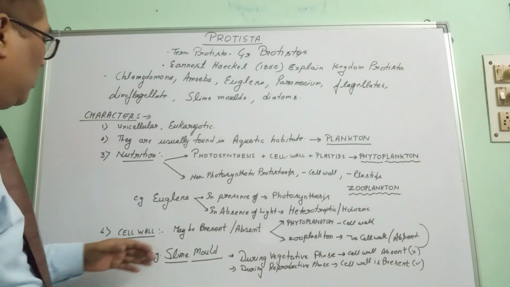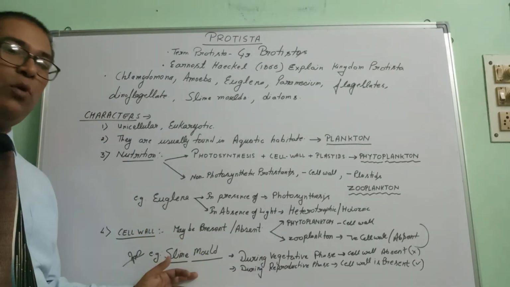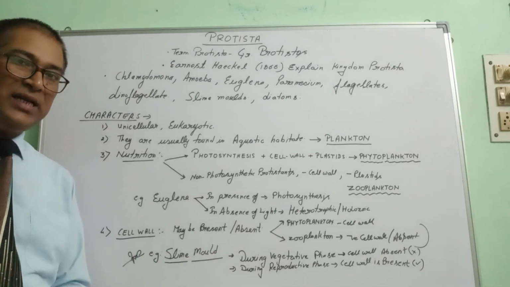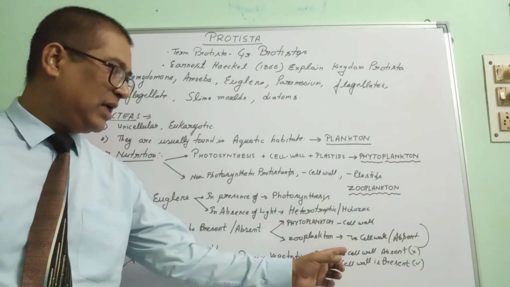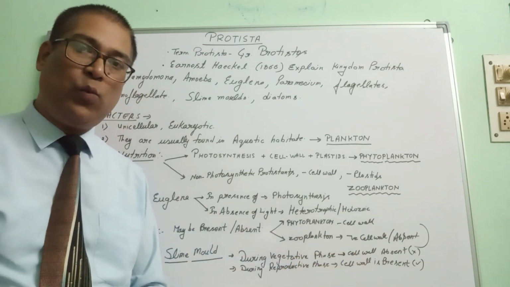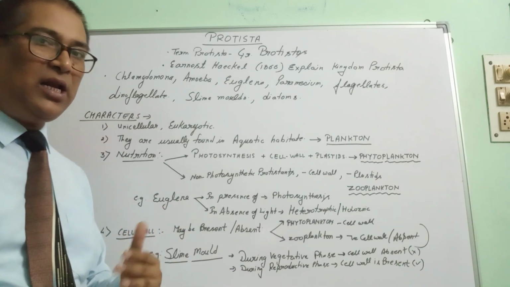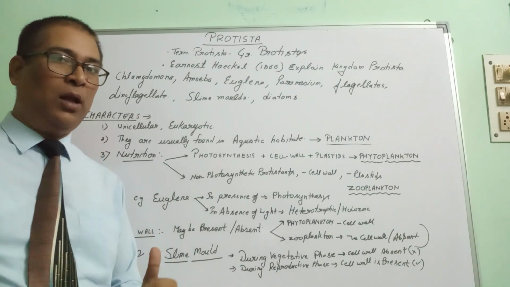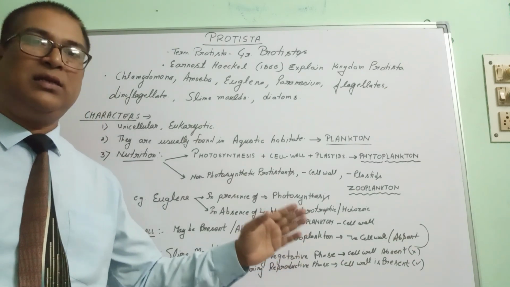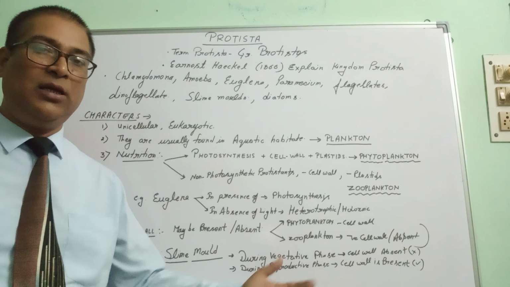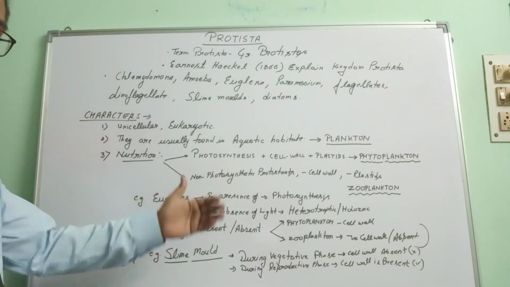The most common example is slime mold. During the vegetative phase, the slime mold has no cell wall, and at that time it has a cell membrane consisting of lipids and proteins. During the reproductive phase, it has a cell wall consisting of other substances like chitin, etc. We explain in the next topic.